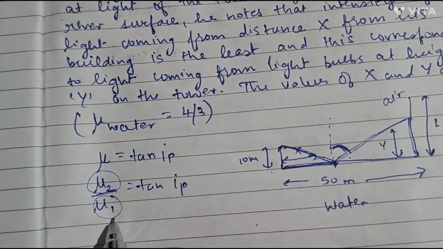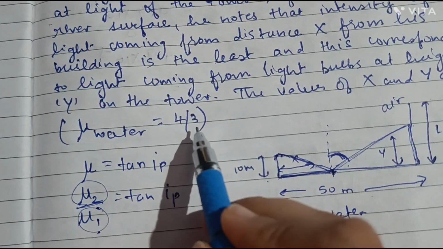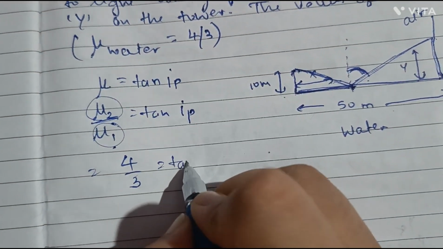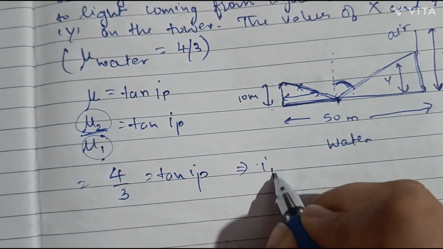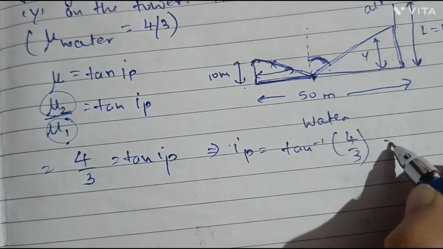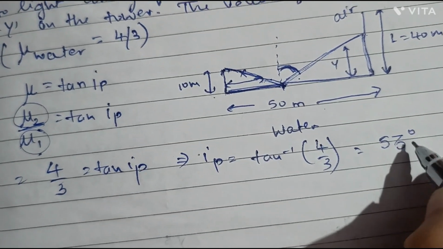Air we know already has value 1, so we can directly put the value of water, which is given to be 4 by 3. So 4 by 3 equals tan IP. If you want to find IP, you take tan inverse of 4 by 3, and you can use a calculator for that, and the value that you will get will be 53 degrees.